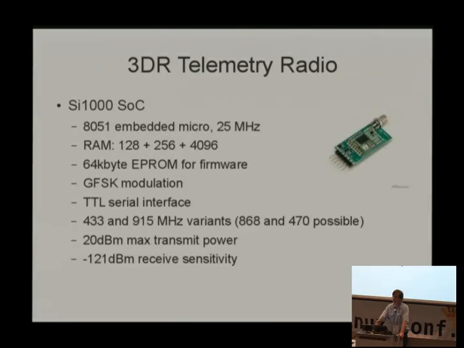In the US, you can actually do a bit more, because there's a strange rule in the US where they don't count up to 6 dB of antenna towards the EIRP calculation on the ISM band. So you can actually, with these radios, do 36 dBm, which is a lot of power to be putting out EIRP. That's the effective isotropic radiated power.